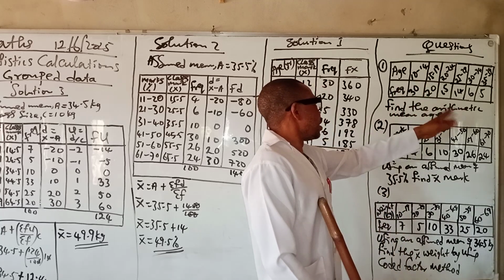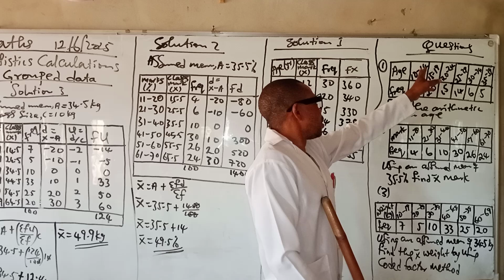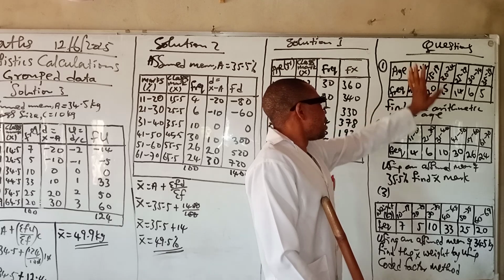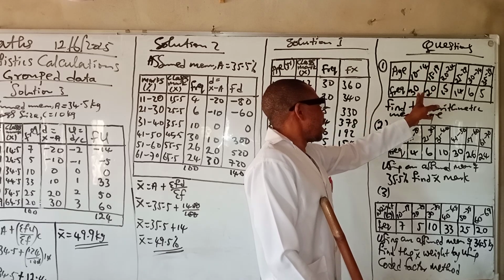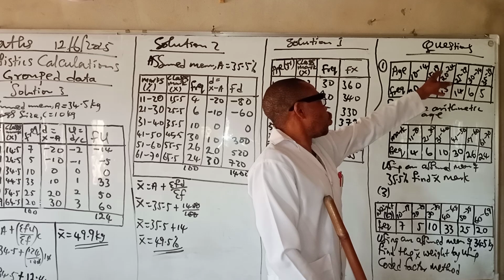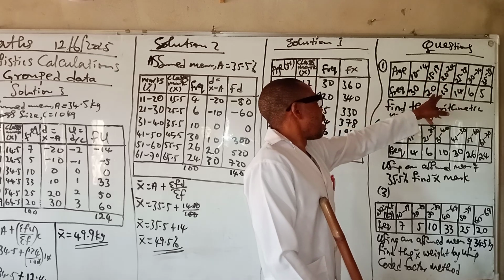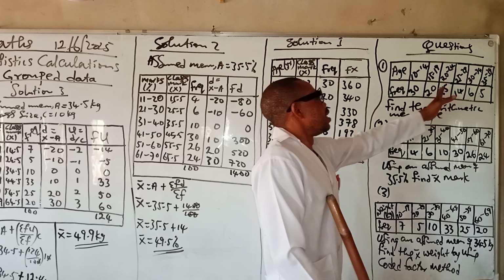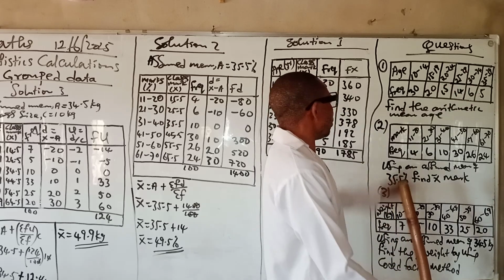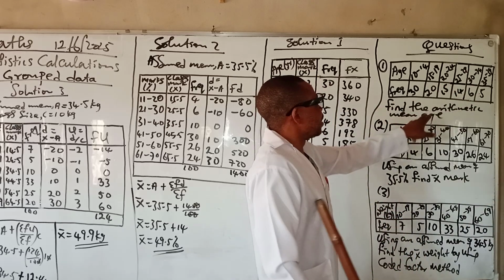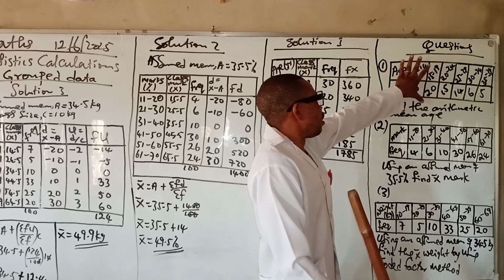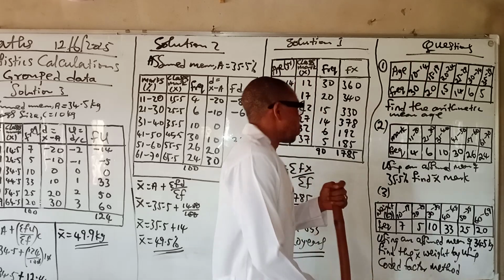We have frequency, the number of people that have 10 to 14 years, the total number is 30. Those that have 15 to 19 years, we have 20. Then that is how the others go. The question asks us to find the arithmetic mean age of this group of people.